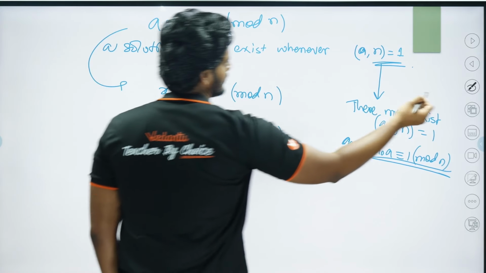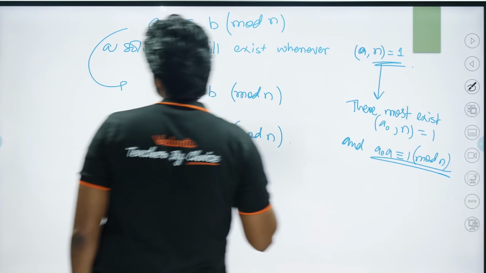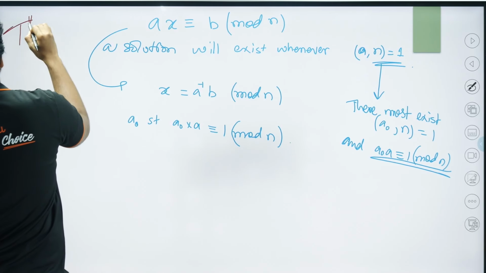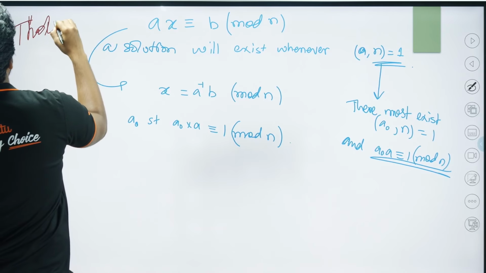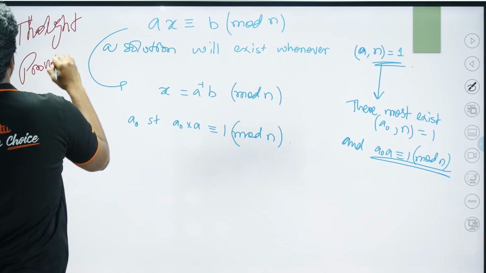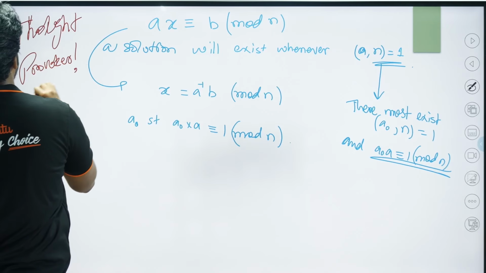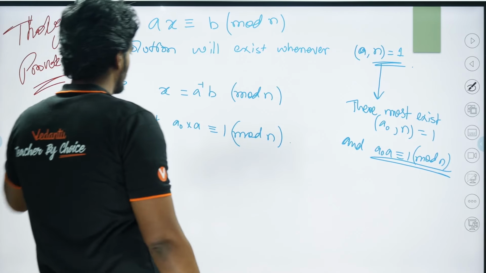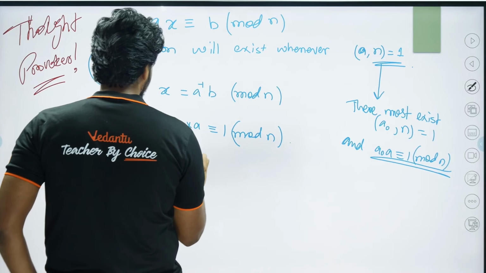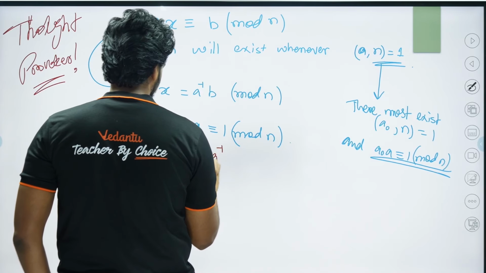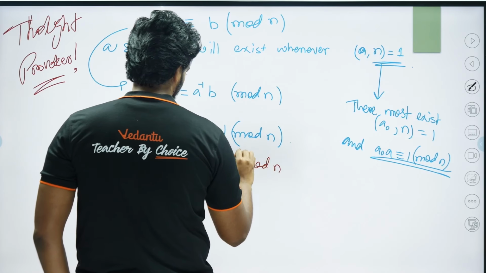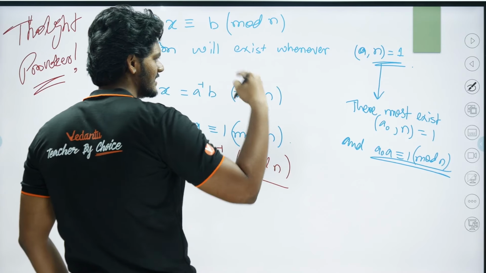This is like a thought provoker. I want your thoughts to be provoked. Then I will call this A naught to be A inverse mod n. Right? So think about it.